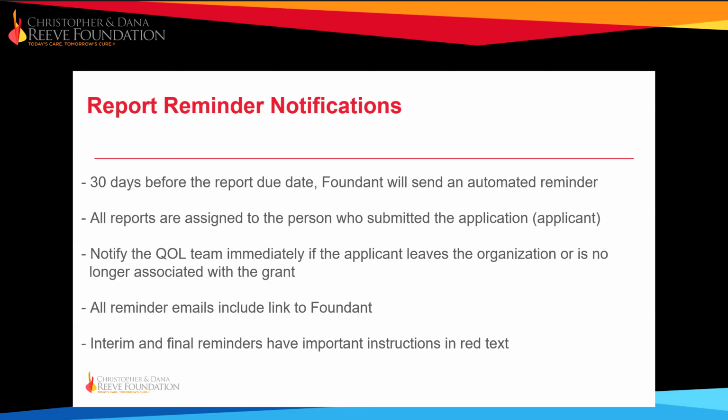If the contact information is not updated in Foundant, the notifications will not get to the proper individuals and the reports will be delayed. We get a lot of instances where there's attrition and people don't leave additional contacts. So it behooves the grantees to provide this information and keep the contacts current as soon as possible.